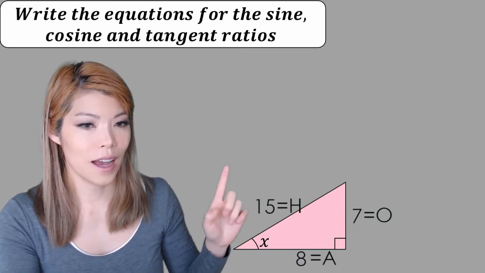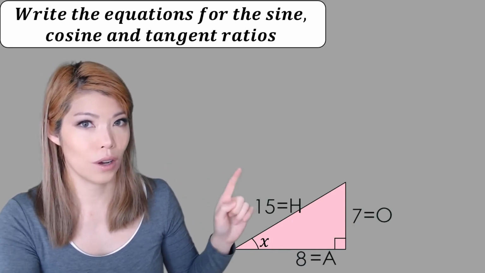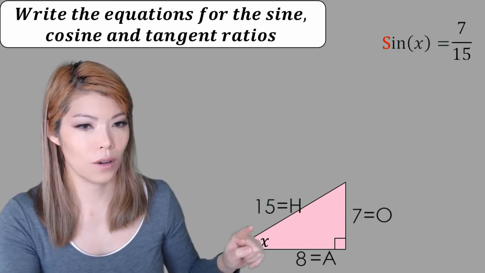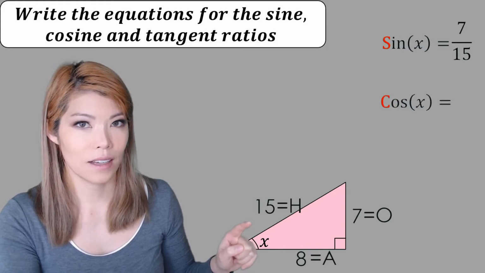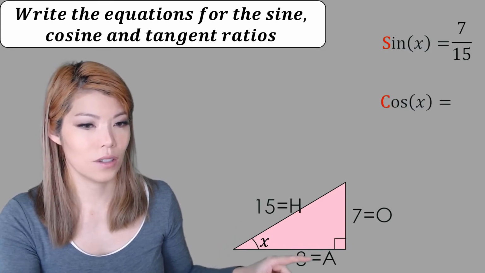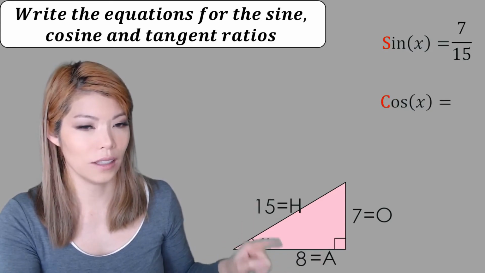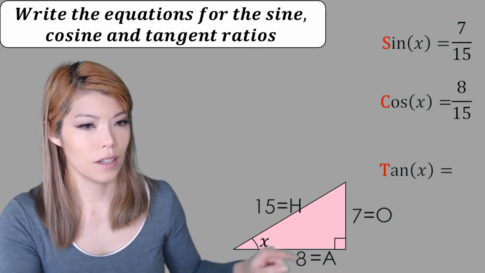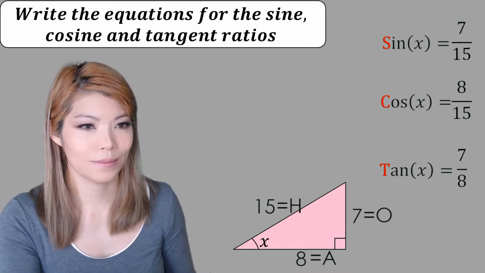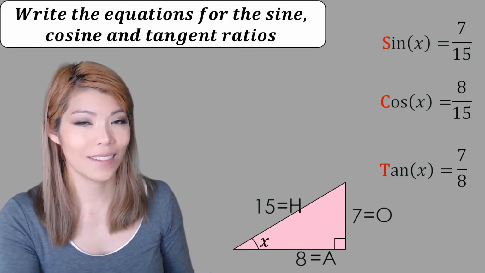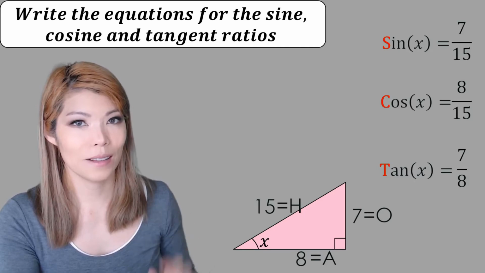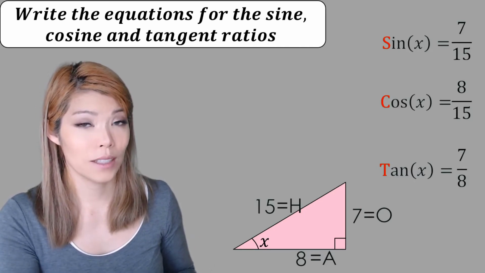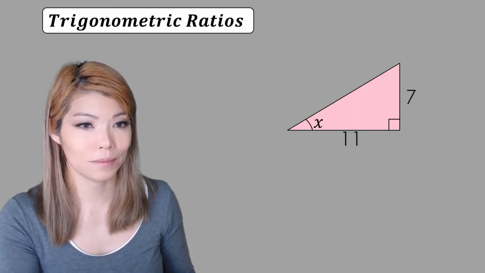So sine, what is sine? S-O-H. So sine x is equal to 7 over 15. Cos x is equal to A-H, 8 over 15. And tan, TOA, so 7 over 8. I hope you got that. If not, rewind, pause it, try it again, and see if you can get it. Practice until you have memorized it.